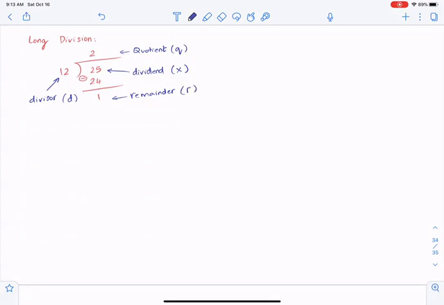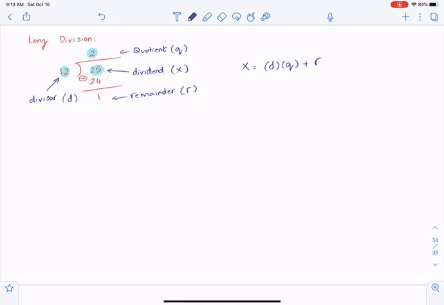So you may wonder, why do we have to do long division? Well, the original number 25, the dividend, I called it x, can be written as the product of 12 and 2, the divisor multiplied by the quotient plus the remainder.